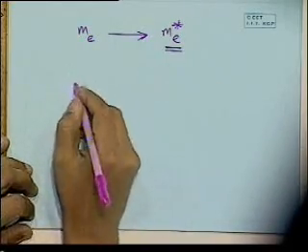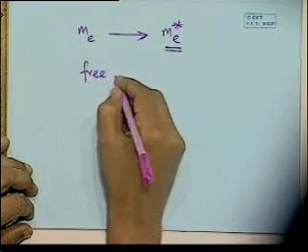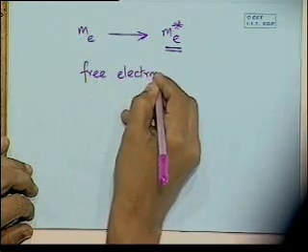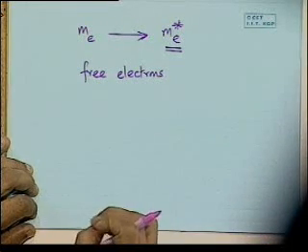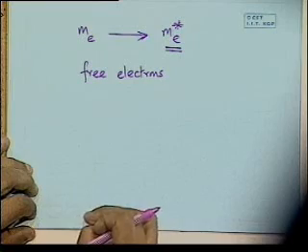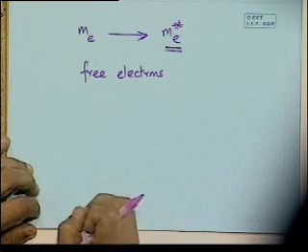The other thing is that we really started off with the notion that it's free electrons moving around inside the solid. That's how we started this whole business. So strictly speaking, this applies only to free electrons.